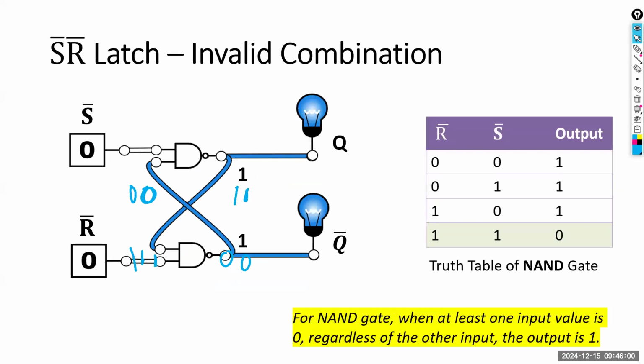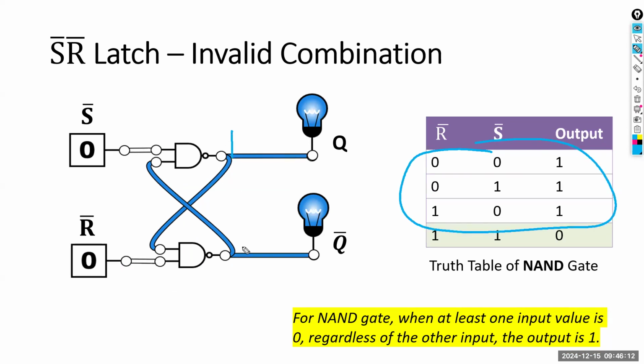And also you must justify yourself why 0, 0 is invalid. It's obvious. When you take both 0, remember when at least one input is 0, output is 1. So therefore this is 1, this is 1. And those are fed back. 0, 1 means 1. 0, 1 means 1. So it keeps remaining 1, 1.